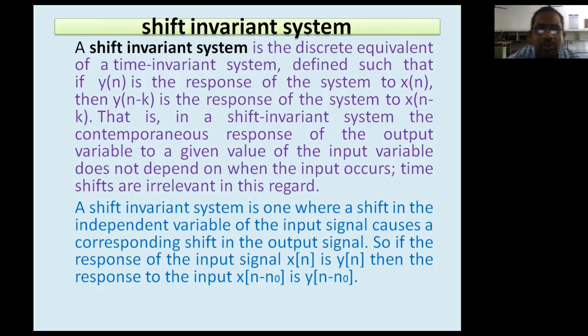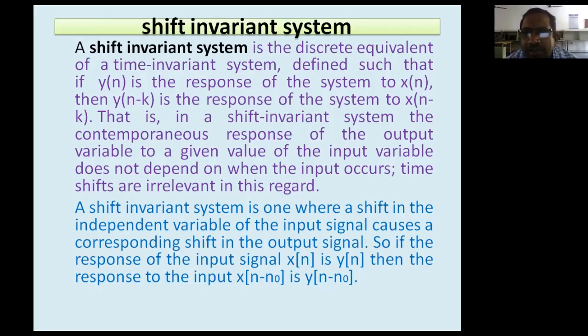Similar to that, we have a shift invariant system. That means if there is a shift in the time domain, the system is going to experience the same amount of shift in the time domain, irrespective of the occurrence of the time.